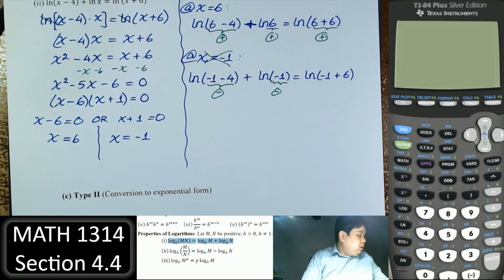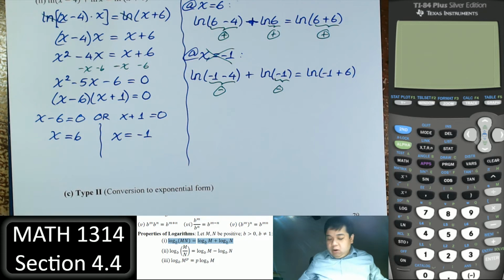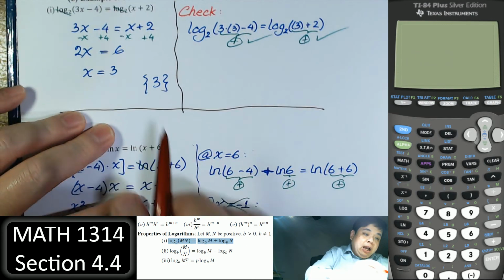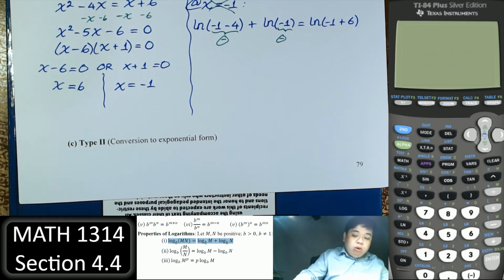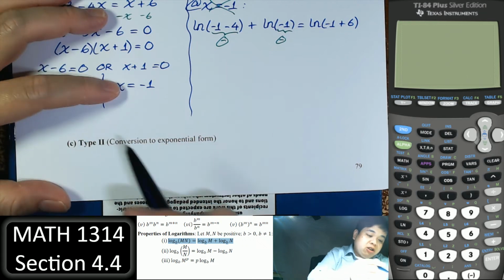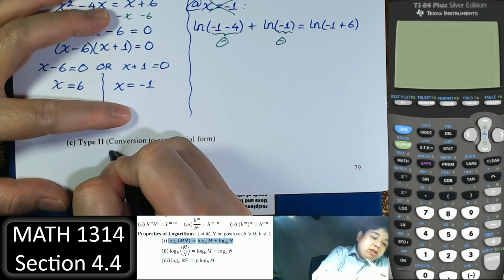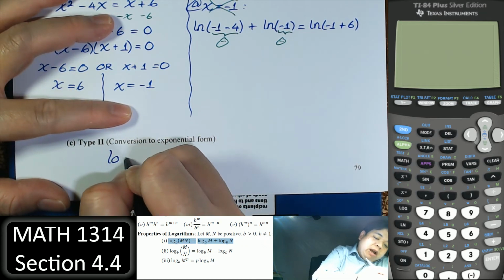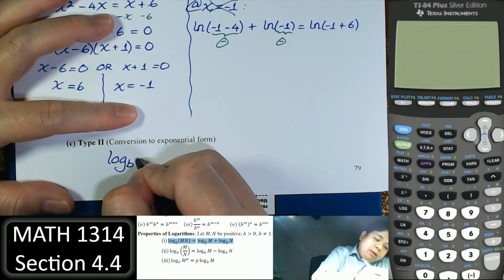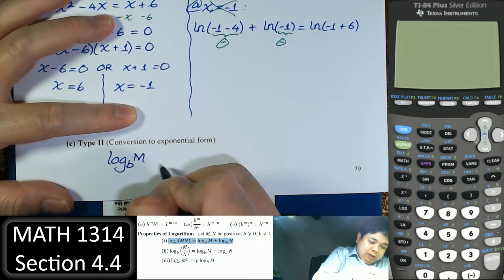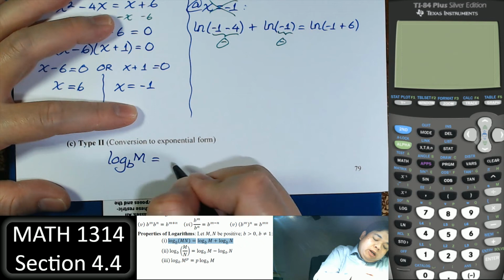The next type is where we convert to the exponential form. Right, so in this case, not only do we have logs everywhere, we have a constant, a number by itself. So we might have something like this, log base b of m, let's say equal to a.